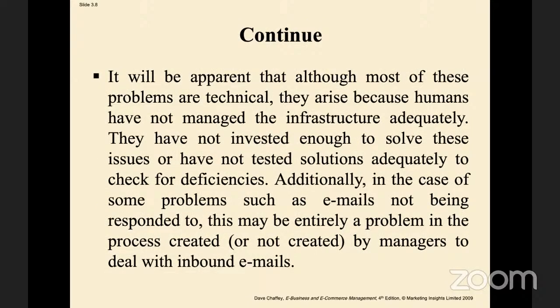Okay, next is, it will be apparent that although most of these problems are technical, they arise because humans have not managed the infrastructure adequately. Obviously, there can be some human errors regarding the management of the infrastructure, so that these types of problems arise technically. They have not invested enough to solve these issues, or have not tested solutions adequately to check for deficiency.